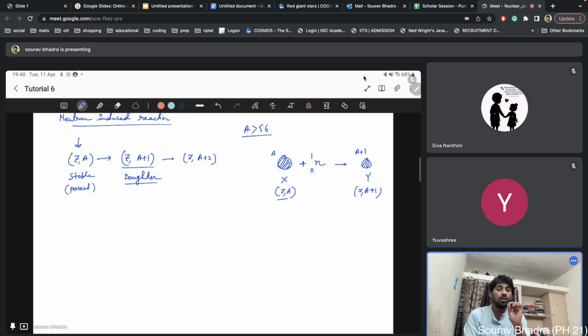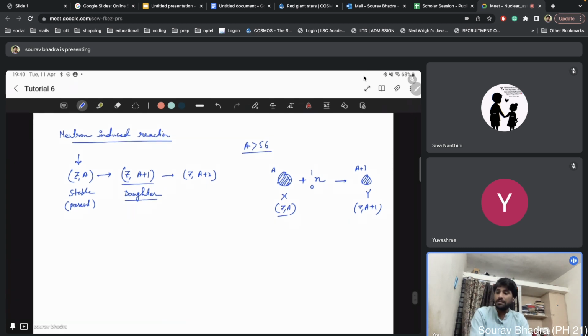Beta decay is only necessary when the daughter nucleus is unstable. The same thing happens in this neutron induced reaction also. If the daughter is unstable, then there can be two processes, that is, one, tau n gamma is greater than tau beta. I mean, as I am saying that the daughter is unstable, so there will be beta decay.